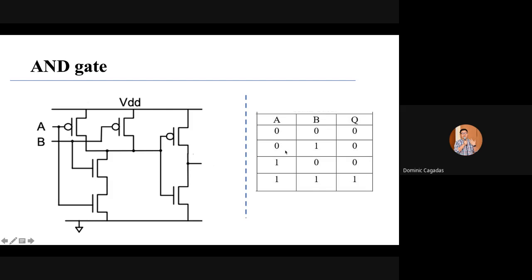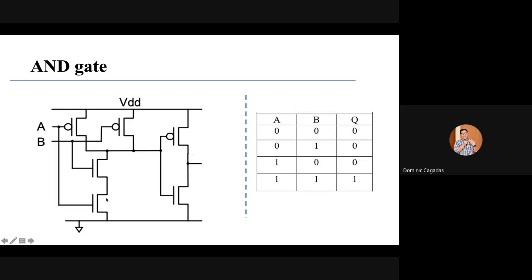Input A is low, input B is high. Input A is low, so this PMOS is on and this NMOS is off. For B, which is high, this PMOS is off and this NMOS is on.